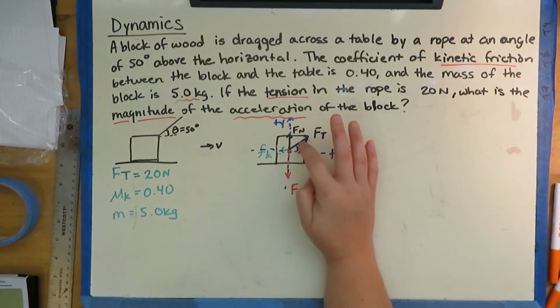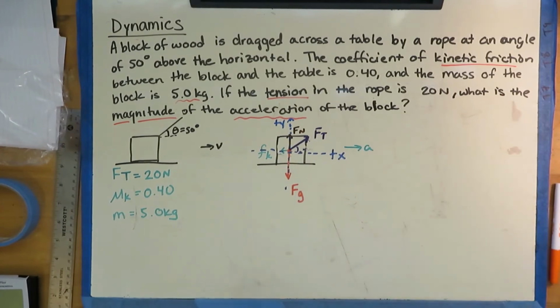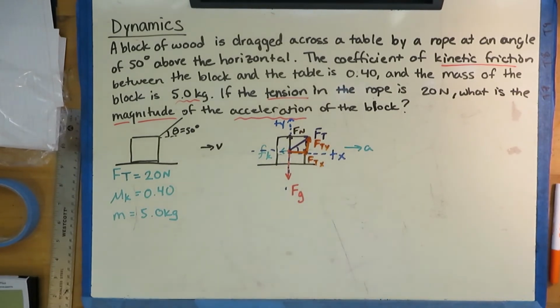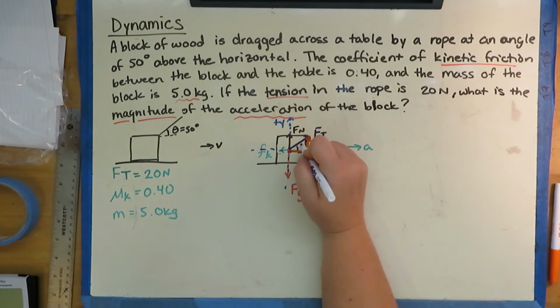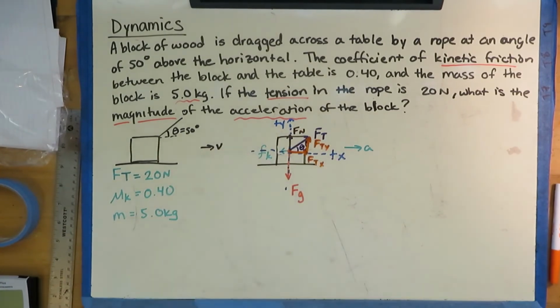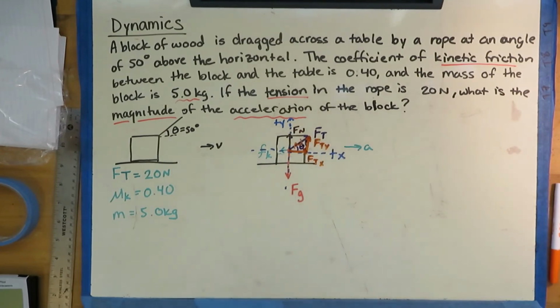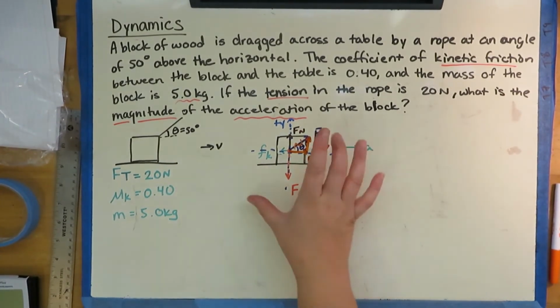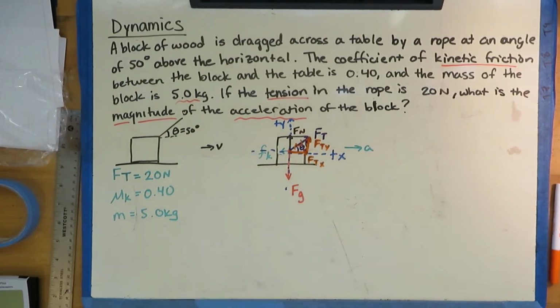Then I'm going to resolve this tension force into an Fty and an Ftx, and label that angle theta here, so I already know it's 50 degrees. I'm going to put a squiggle through my tension because I'm not actually including it in my diagram anymore. Of course, everything I just did with adding the axes, you do not do on the official AP diagrams. So my next step is to write net force equations.